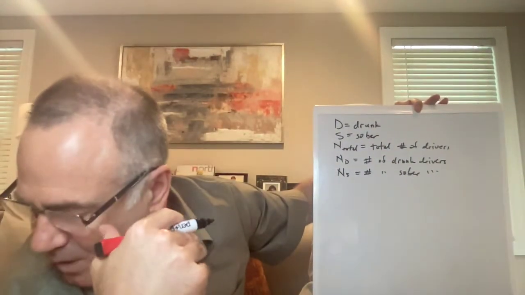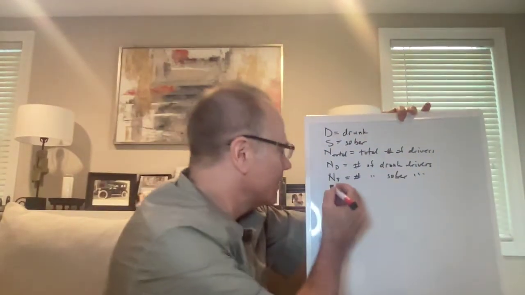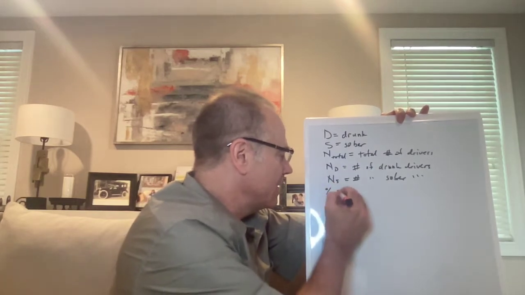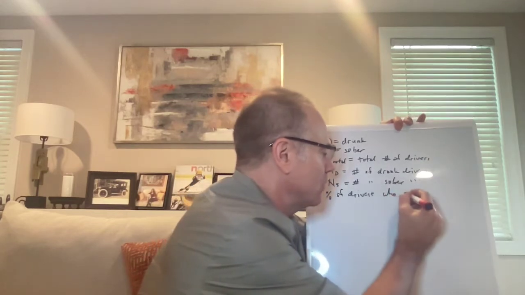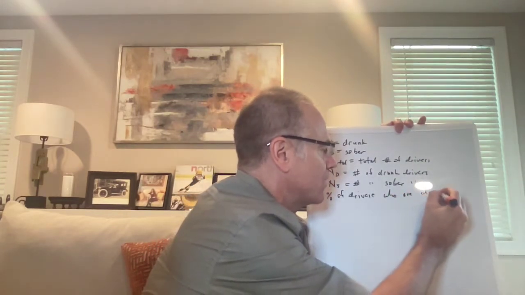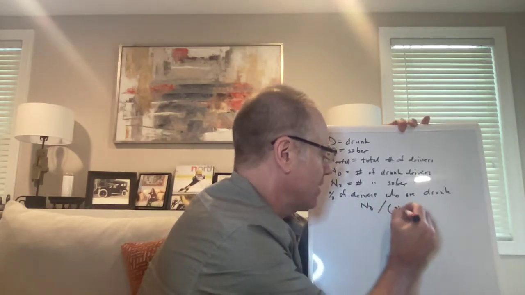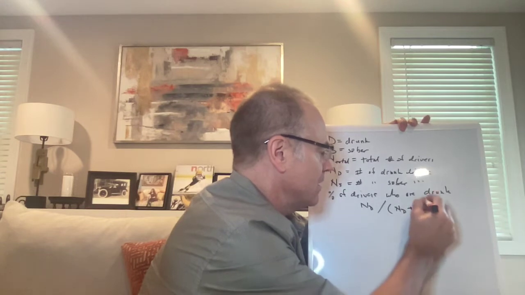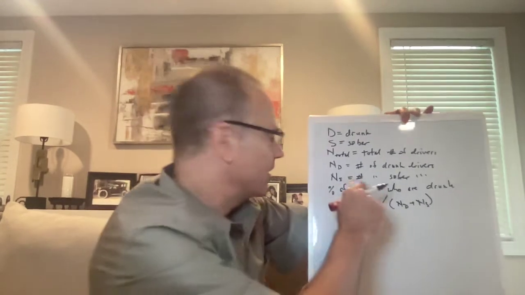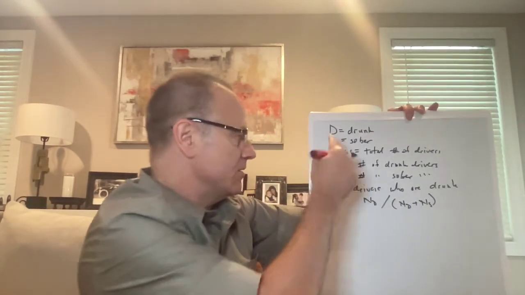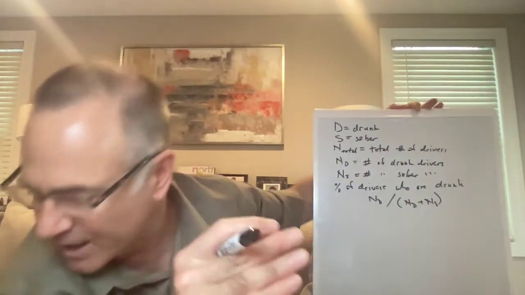Then the percent of drivers who are drunk is just going to equal N_D divided by N_D plus N_S. I don't think I'm going to use N total in the rest of my lecture. I'm just going to write N_S plus N_D equals N total, then drop N total and just use N_D plus N_S. I'm pretty sure throughout my lecture I'm going to do that.